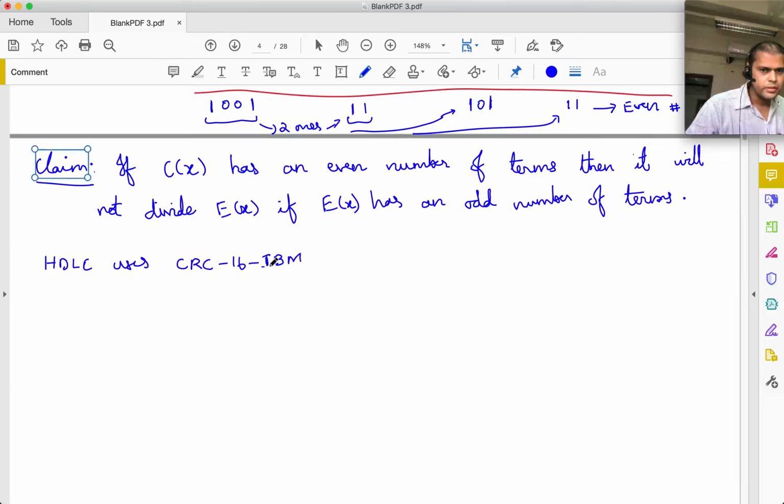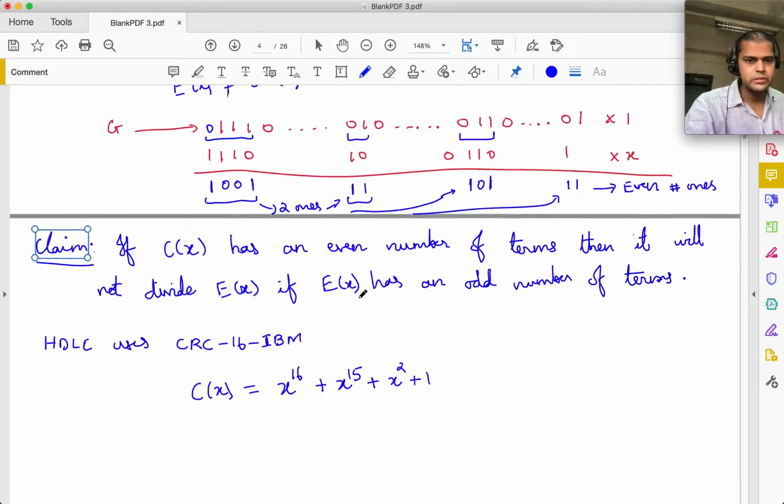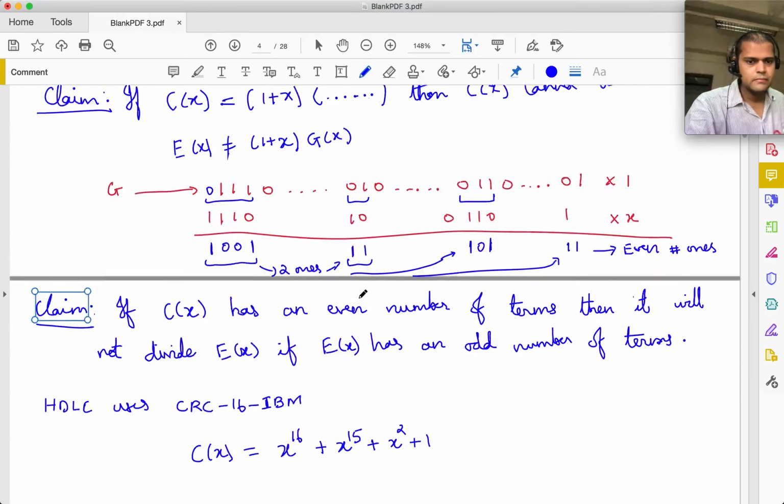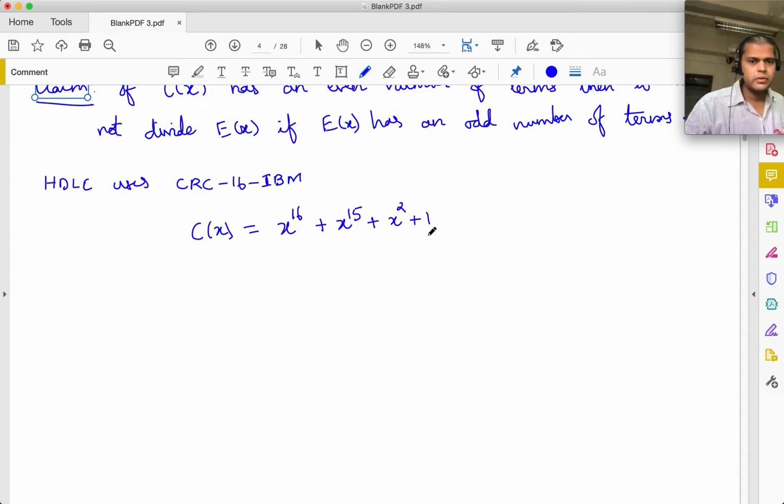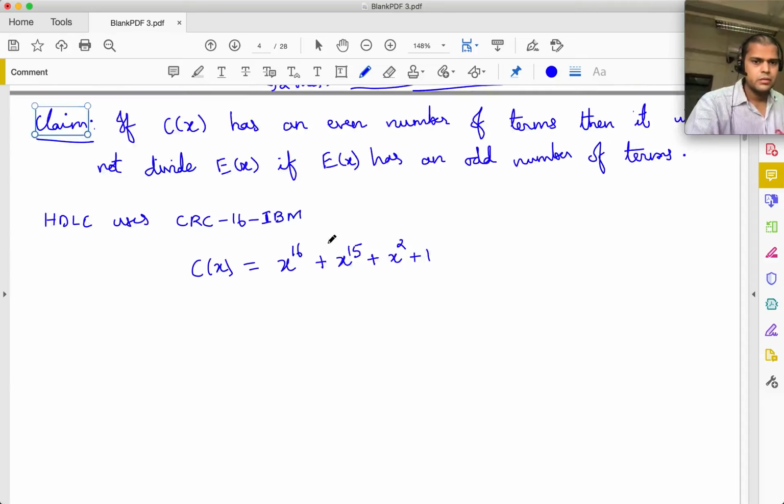It was probably invented at IBM. And c of x is of this form: x to the power of 16 plus x to the power of 15 plus x squared plus 1. So this is an even number of terms. We are in business. And of course we are going to be able to detect 1-bit errors, right?